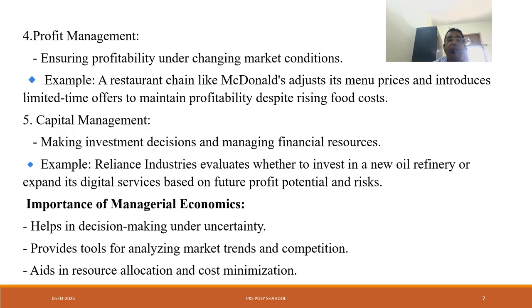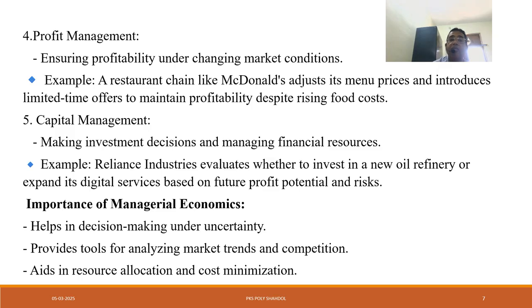Capital management: making investment decisions and managing financial resources. Example, Reliance Industries evaluates whether to invest in a new oil refinery or expand its digital services based on future profit potential and risk. It means Reliance Industries deals with the oil sector and also the telecom sector.